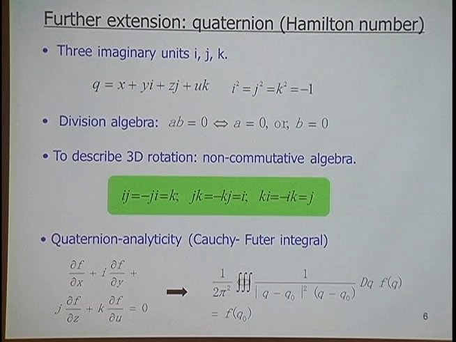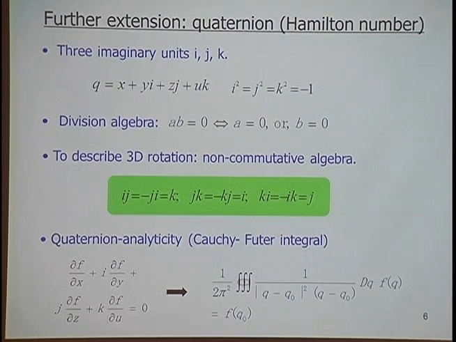But this is not the ordinary division algebra, because they do not commute, since three-dimensional rotations do not commute. And this is the algebra figured out by Hamilton about 170 years ago. This is the extension of the Cauchy-Riemann condition, called the Fueter condition.